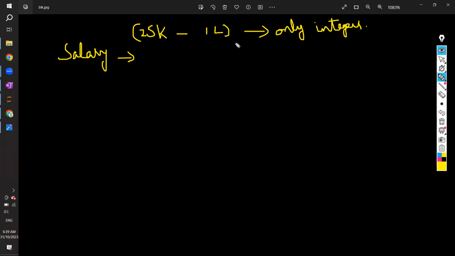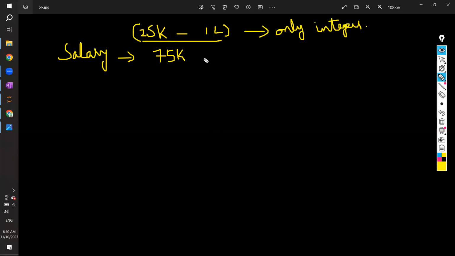So how many possible values are there? 75,000. Agree? 75,000 values are there between 25,000 and 1 lakh. That means 25,000, 25,001, 25,002, like that till 1 lakh. You have these 75k values.